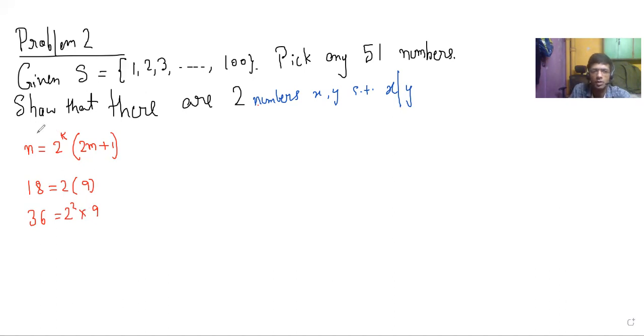So this is the way in which we're going to think of the numbers and try to show that there will be 2 of them where one divides the other. Say this is x, and similarly you have y. We want to show that 2 of them among the 51 will divide.